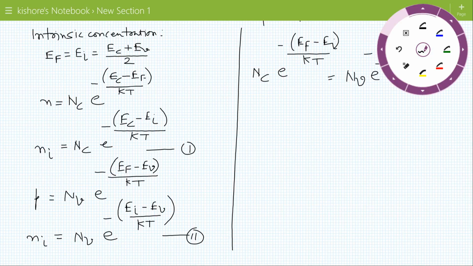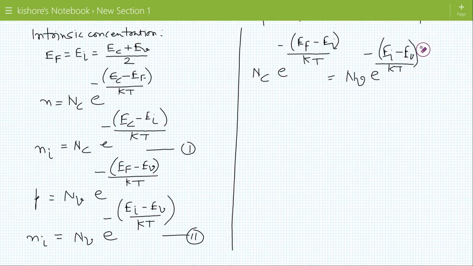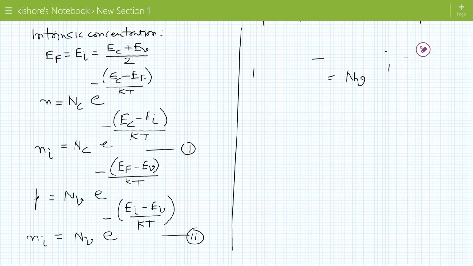Okay, instead of equating the two equations, we will take the product of the two equations.